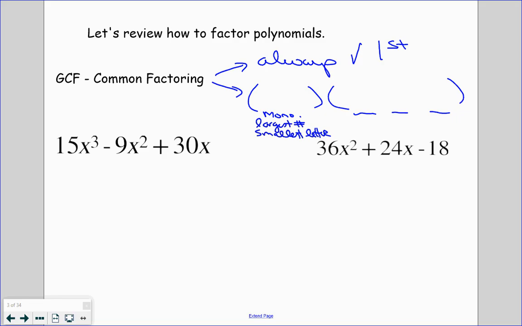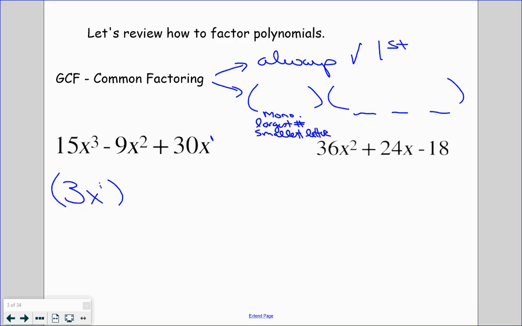So, a couple examples. So, checking for GCF. What is the largest number that goes into 15, 9, and 30? 3. Okay. Do they have an x in common? Yes. What is the smallest number of x's they have in common? 1.